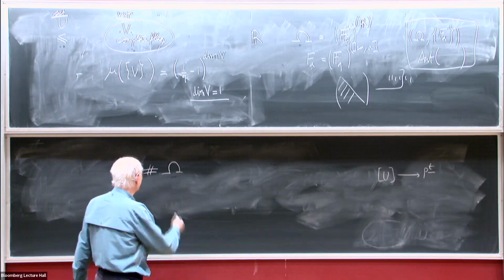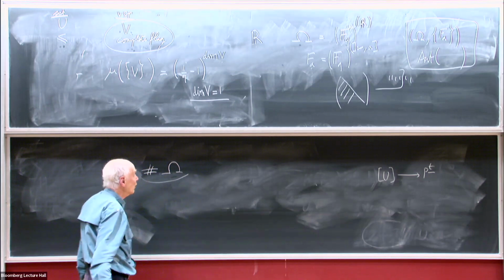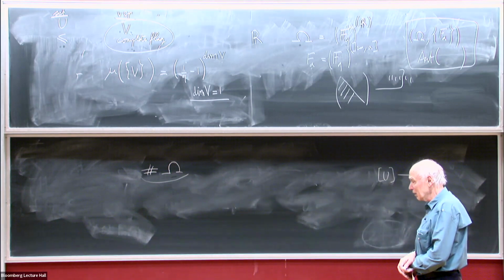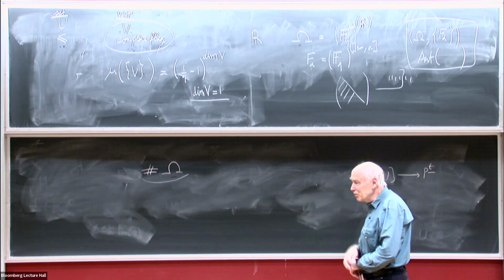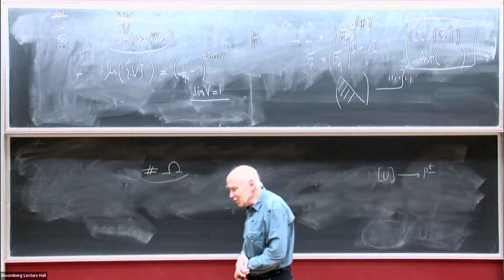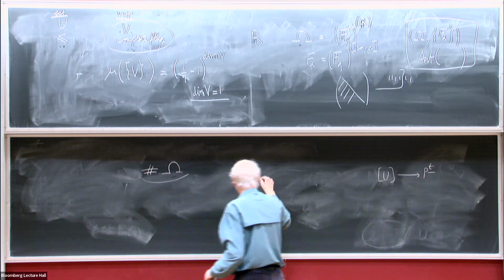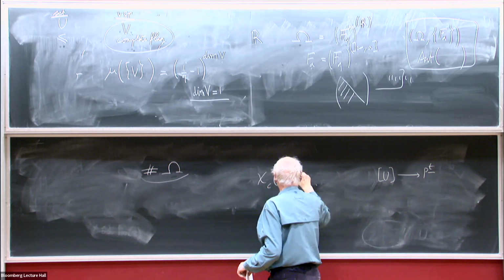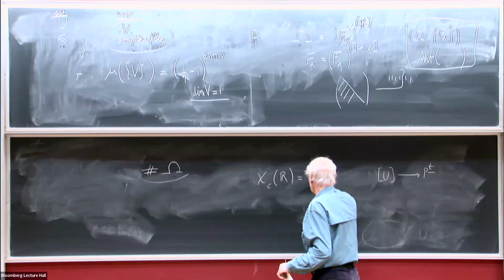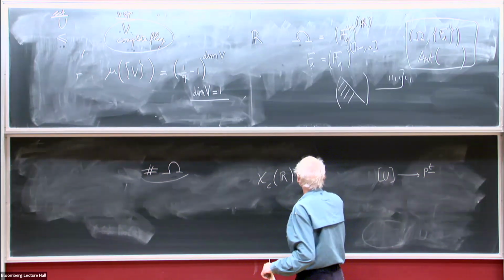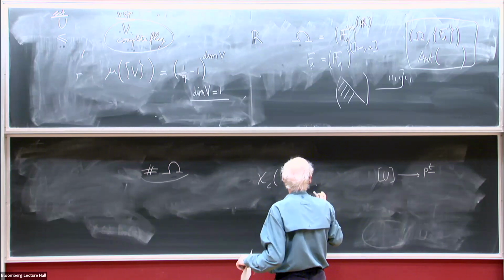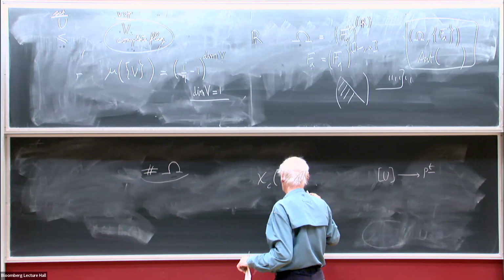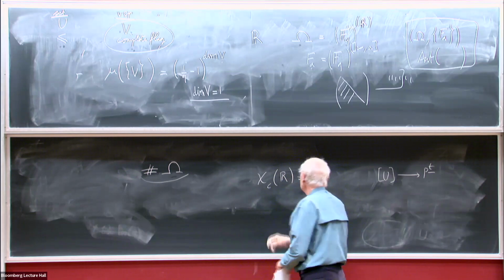Now, first, the number of elements of omega. So it's a sum of copies of F_q indexed by R. And what we have seen in the previous story of the Delannoy category is that chi of R is, sorry, what? Yes, it's minus 1.